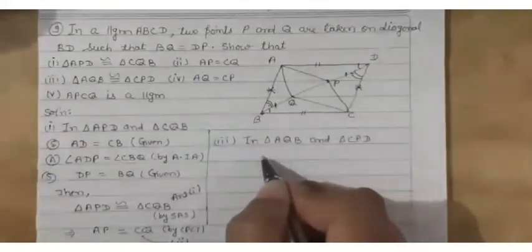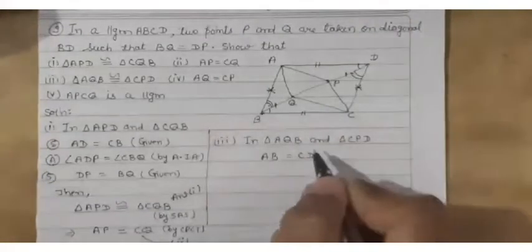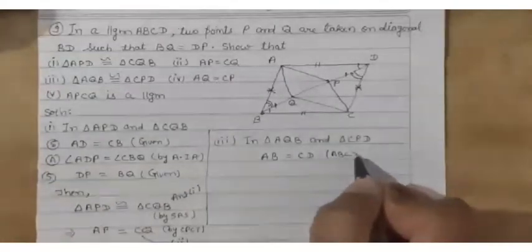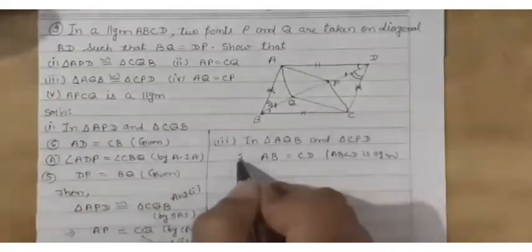So I am taking AB is equal to CD because ABCD is a parallelogram. This is a side.